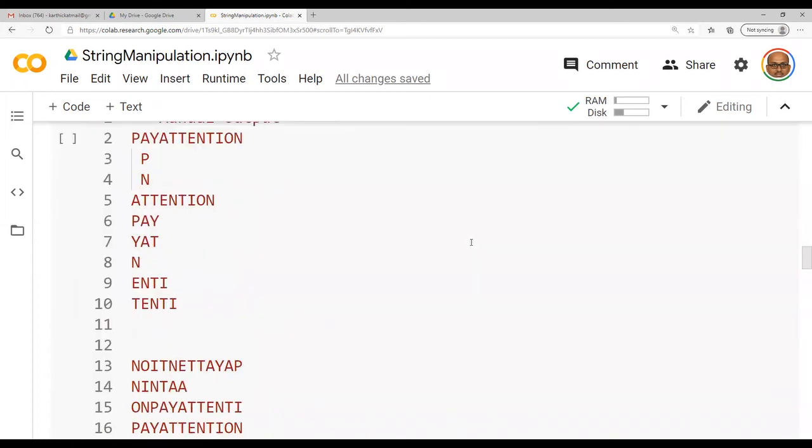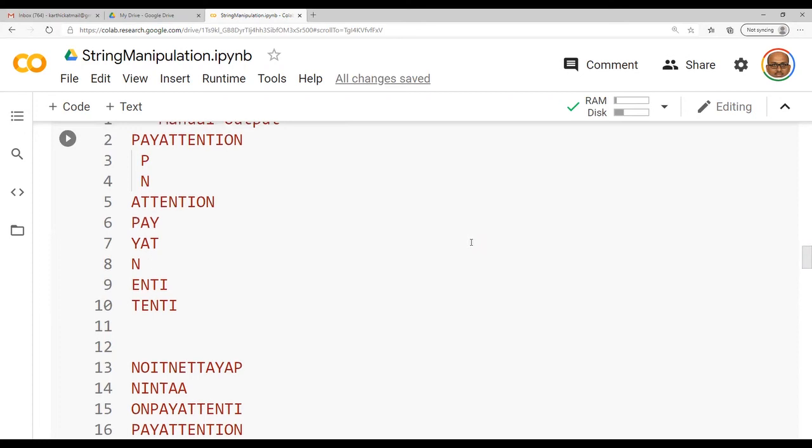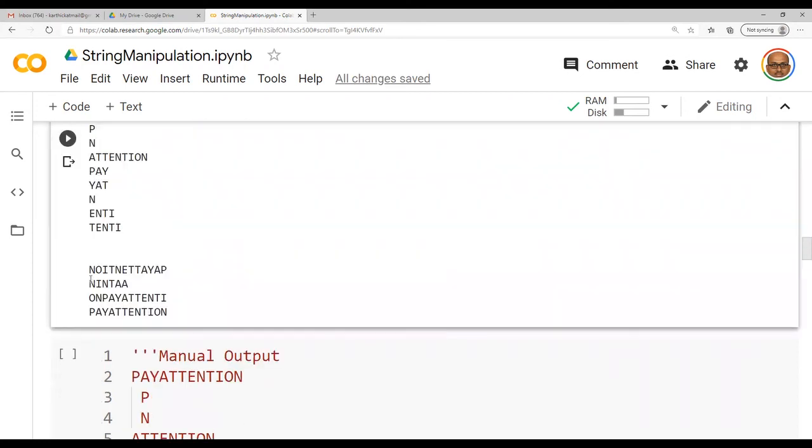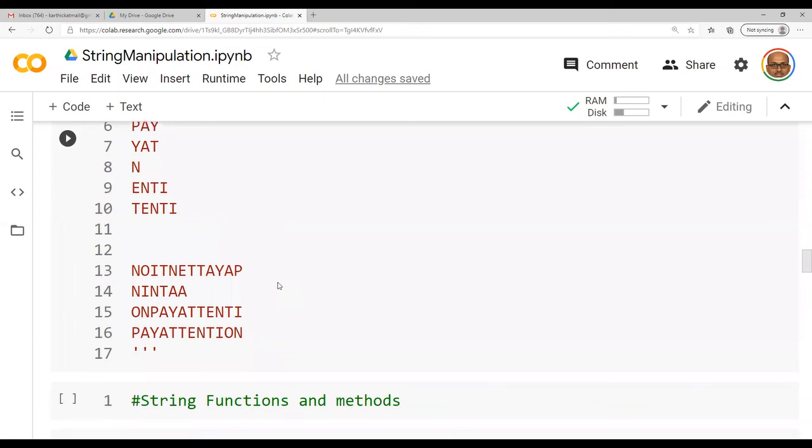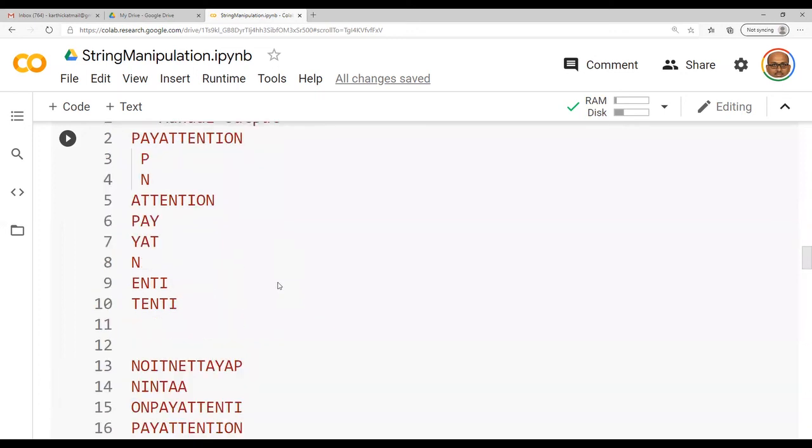And then all the line numbers here, that is 13, 14, 15, 16, there also you have the same output. I hope this topic is clear. Thank you.